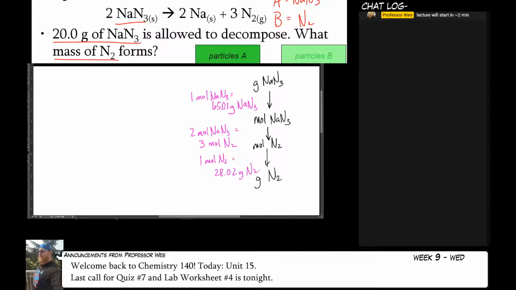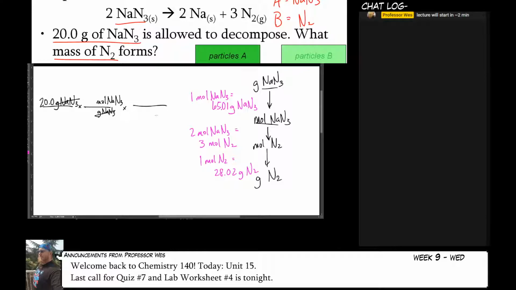So now we have all these relationships, we can do the stoichiometry. So let's do that. So I give you 20 grams of NaN3. We're going to turn grams into moles by doing that.